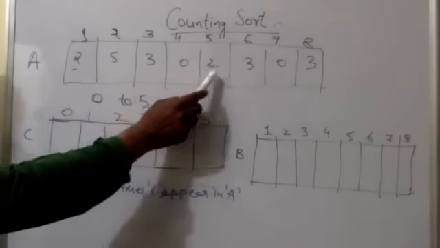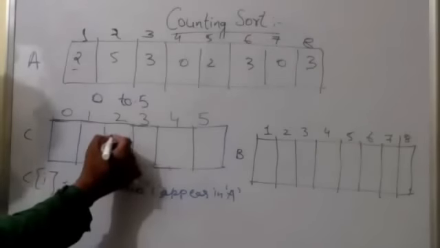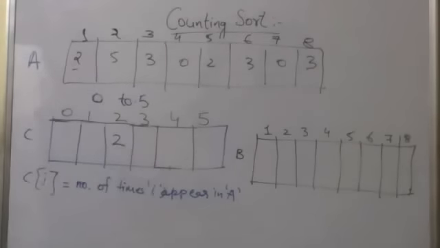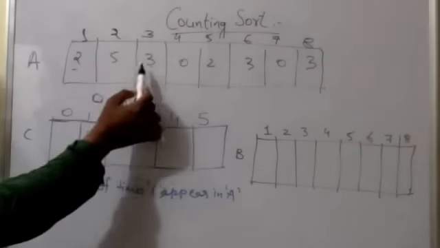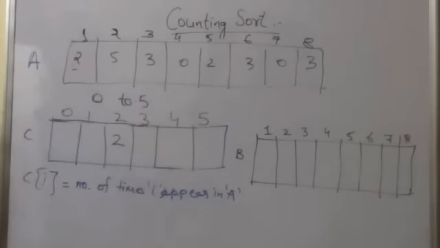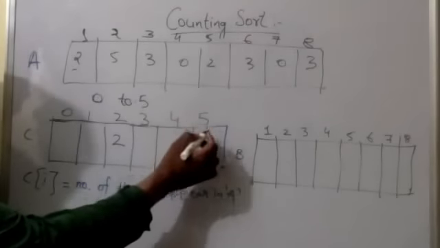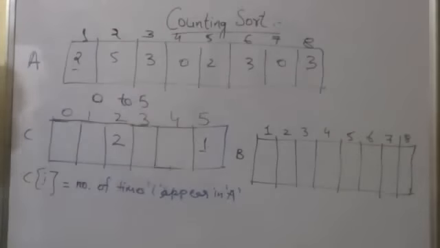This element 2 appears twice in this array A. So at index 2, we will store 2 in array C. Now see this element 5. This element 5 appears only once in array A. So at index 5 in array C, we will store 1.